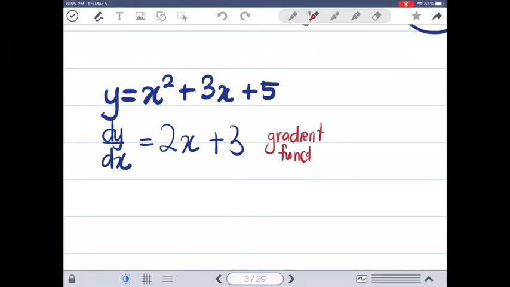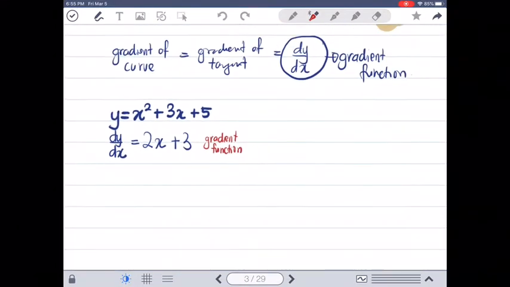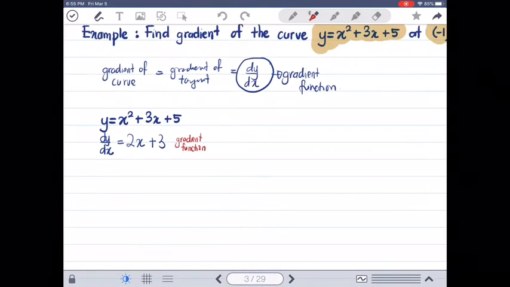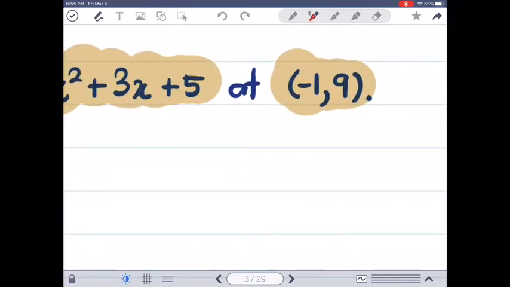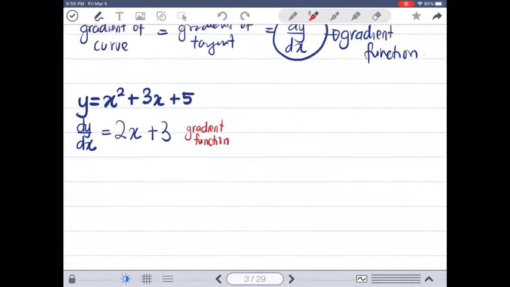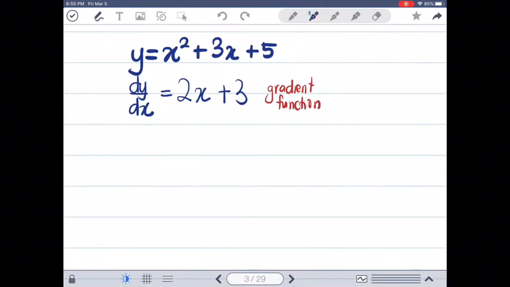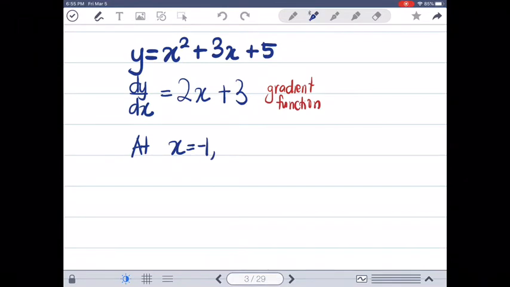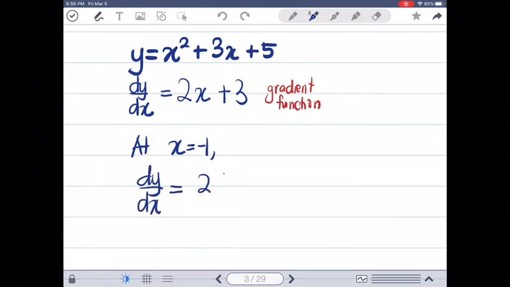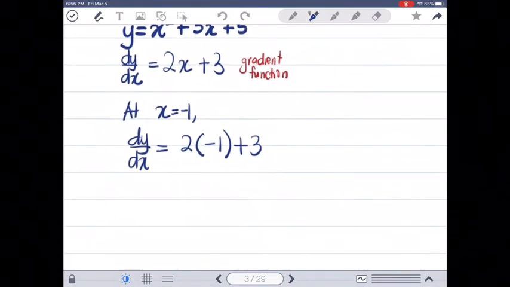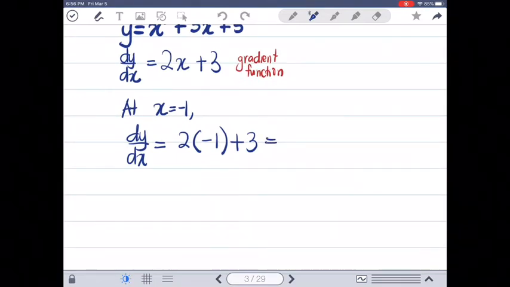We want to find the gradient of the curve at point x equals -1, y equals 9. So at x equals -1, dy over dx is just equals to 2 times -1 plus 3, which is just equals to 1.